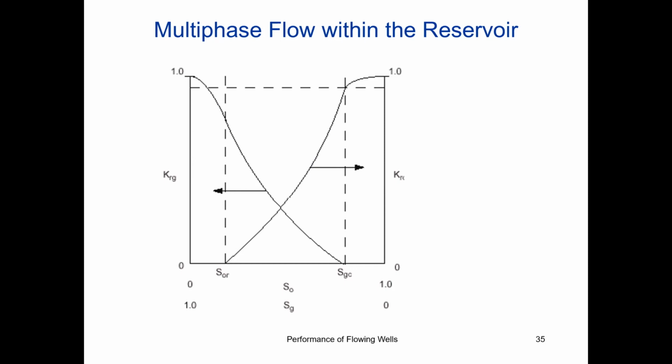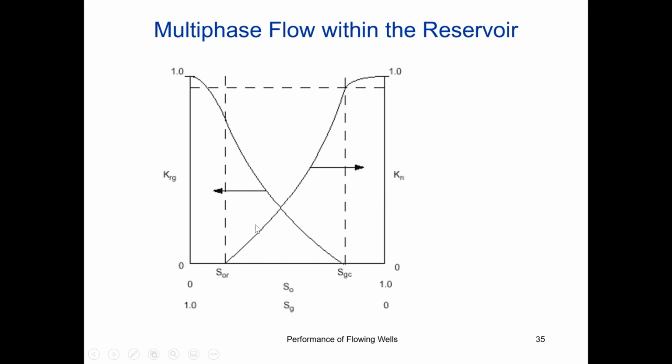Yeah. This relative permeability is the permeability for each phase. And if you divide it by absolute permeability, then it would be 1 at each end, whether this is gas, whether this is oil or whatever. So here you have the amount of this for gas, this for oil.